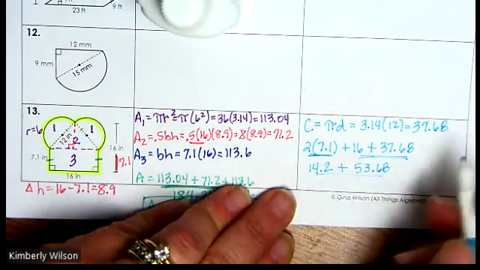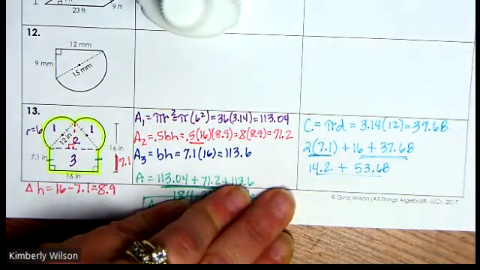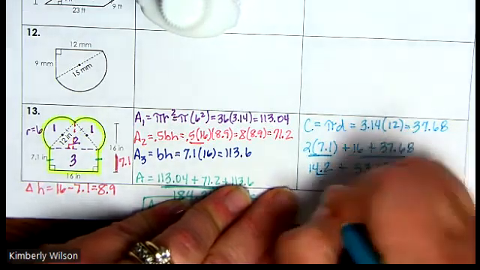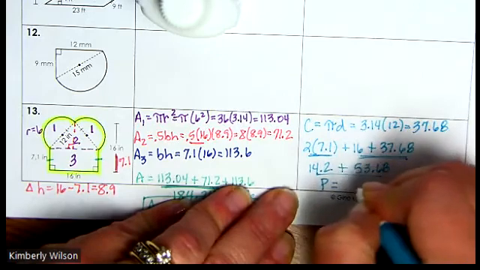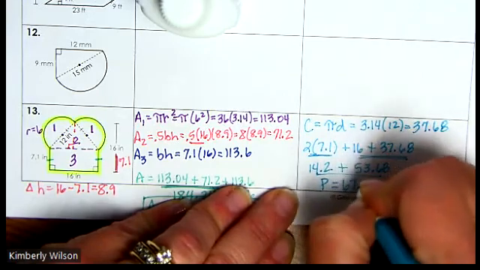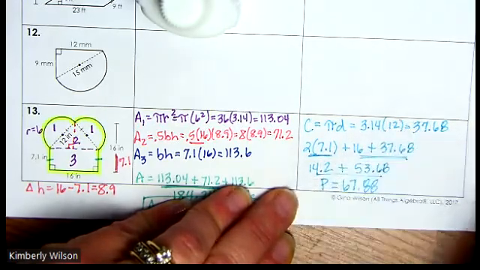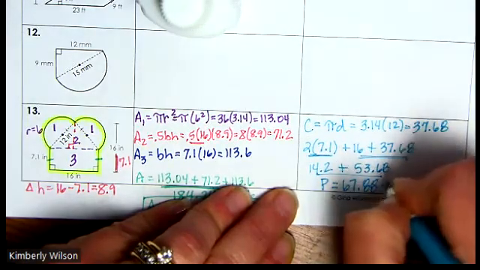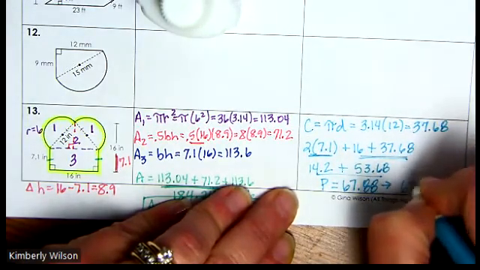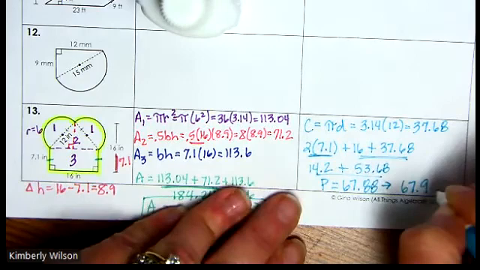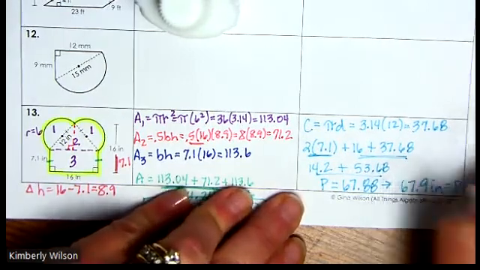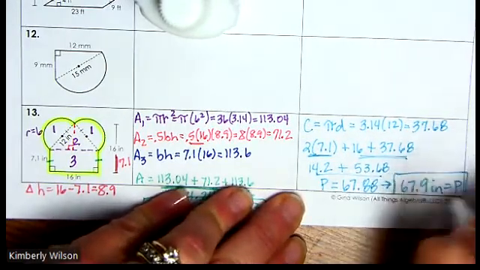Hmm, make sure you type the numbers in correctly. So therefore, the perimeter is 67.88, but it says to round to the tenths. So therefore, this is going to be 67.9 inches is what my perimeter equals.